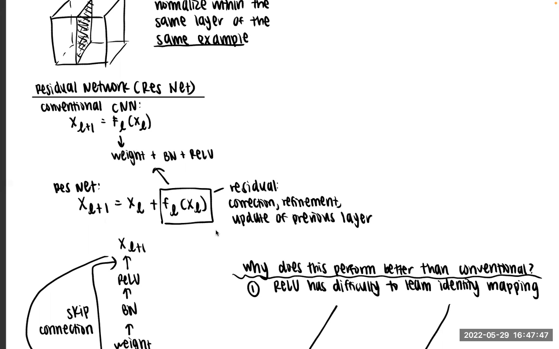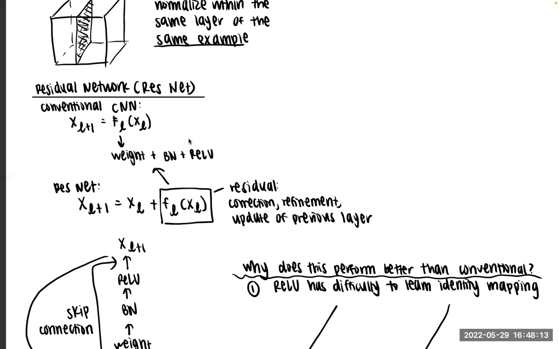Okay, so in order to perform this, both XL and XL plus 1 should have the same shape. Otherwise, you can also use a one by one convolution to change the number of channels, and you can also add subsampling to change the size. So those are all doable.